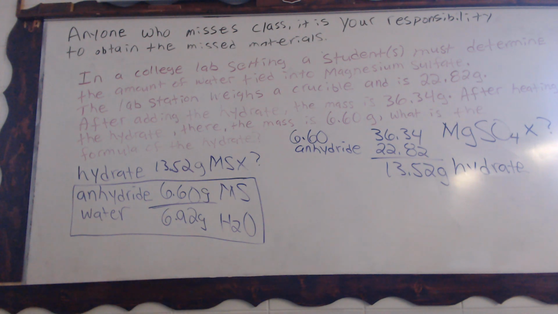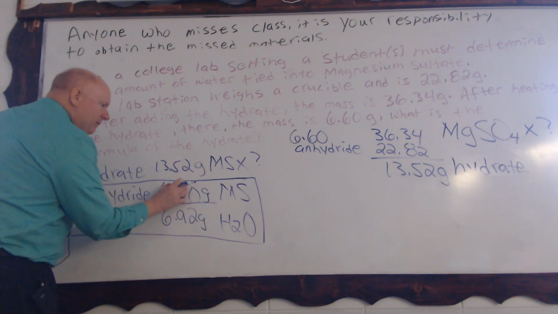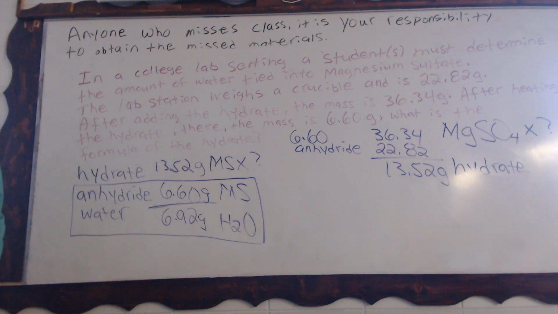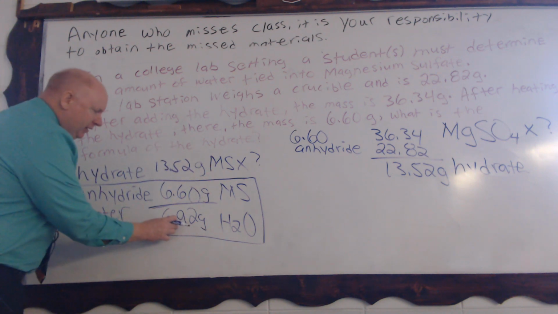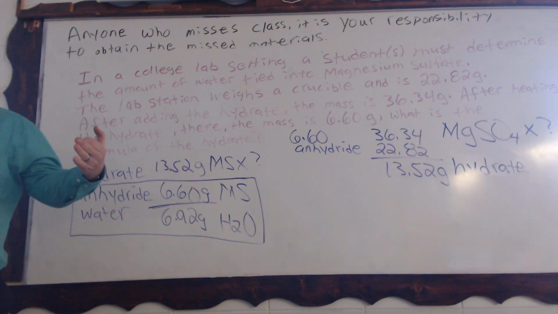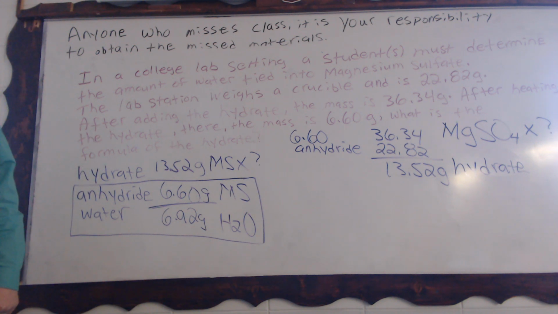So now, what that tells you, you take this many grams and you convert this to what? Moles. You take this many grams and convert it to moles, and then once you've done that, what's your final step? Divide by the smallest number.